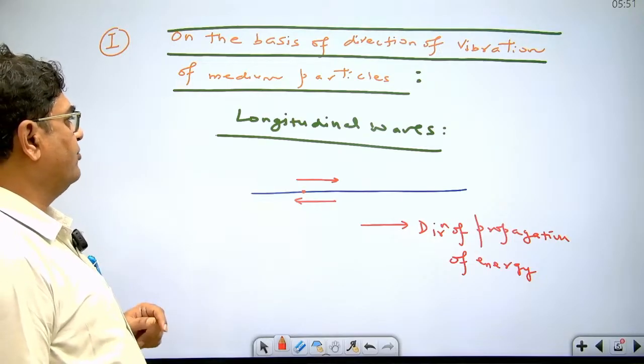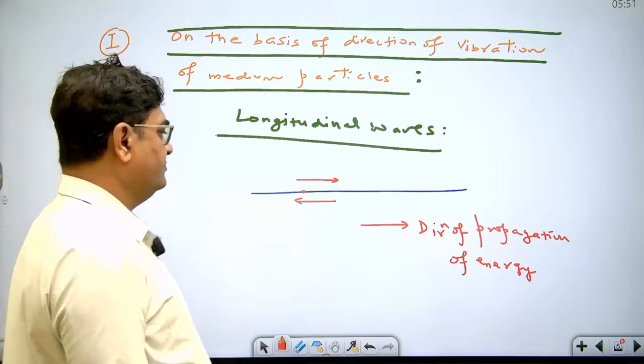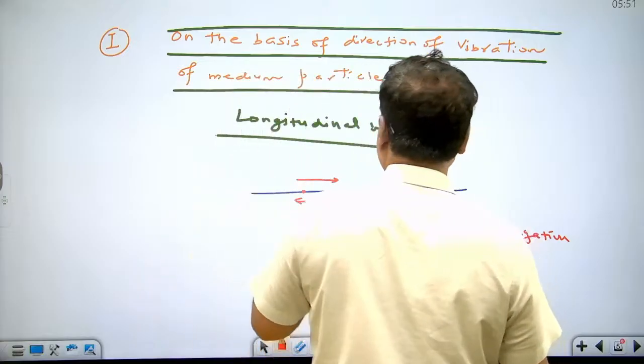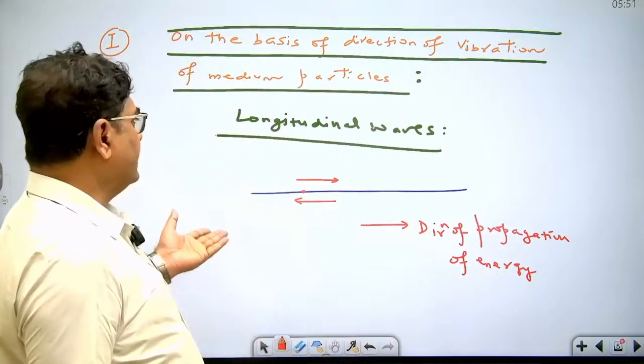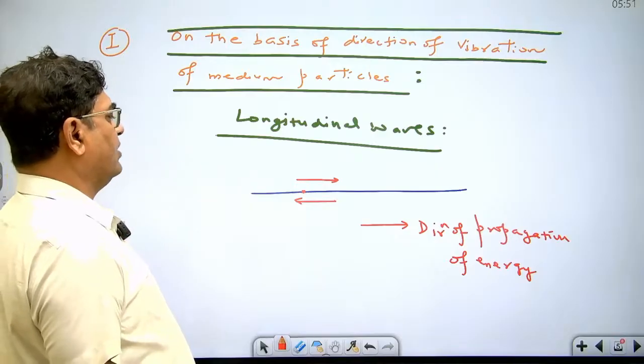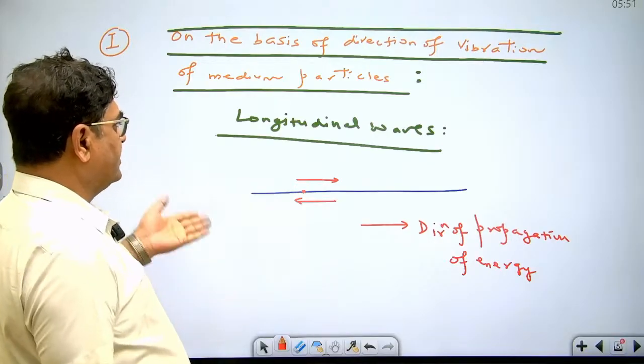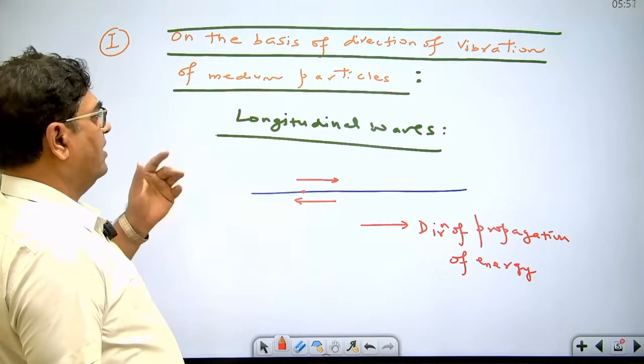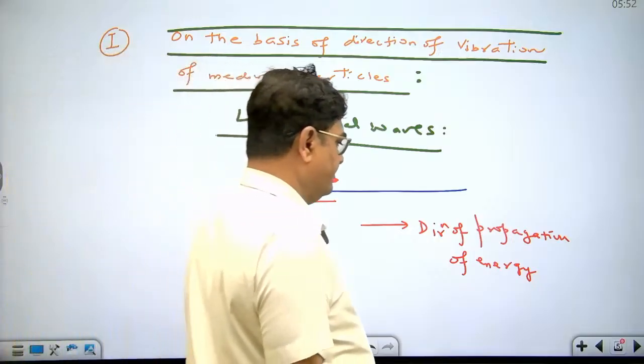Then the waves are said to be longitudinal waves. The waves produced inside the liquid and gases are longitudinal waves.